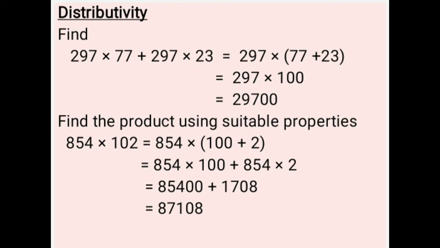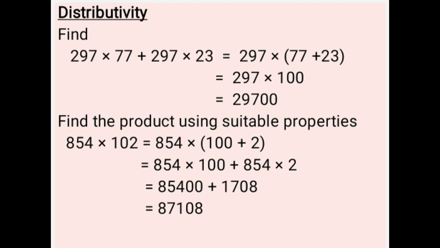Then in the second question, find the product using suitable properties. 854 into 102. We need to find it using the distributive property. We can use it here because 102 can be split into 100 plus 2, and any number into 100 is simpler. So we can write 854 into (100 plus 2).